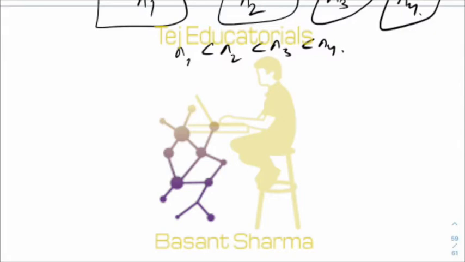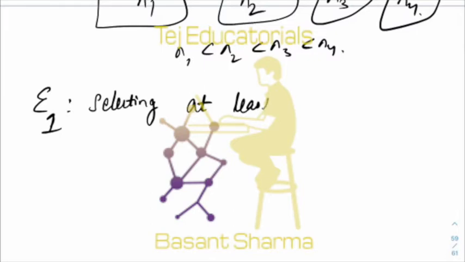Now you see, we can solve this problem as follows. Suppose I say that event E1 is selecting at least 0 objects. We have to find the total number of possible selections, that is, any number of objects can be chosen.